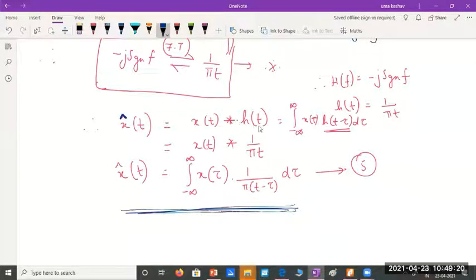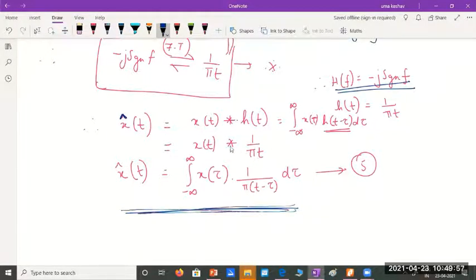So the 90 degree phase shifted version of x of t, or its Hilbert transform, is x of t convolved with h of t. We know that the filter will have the response minus j signum of f, because it should provide a phase lag of 90 degrees. So this H of f is minus j signum of f and h of t becomes 1 by pi t. We got h of t by taking the inverse Fourier transform of H of f.